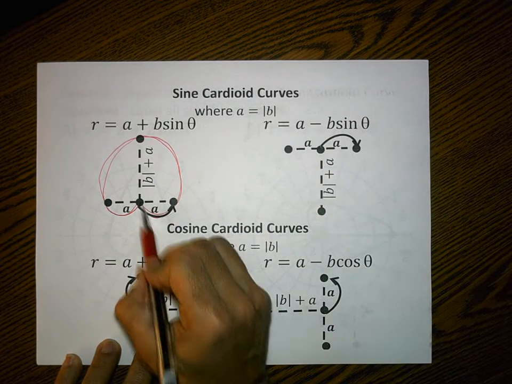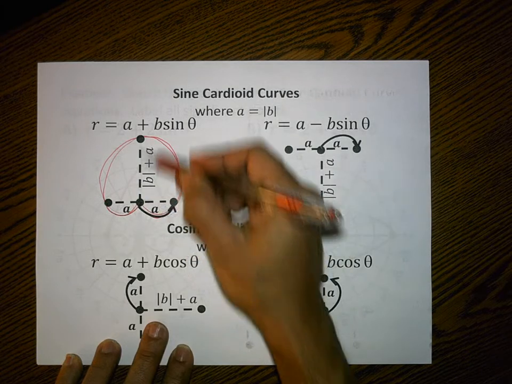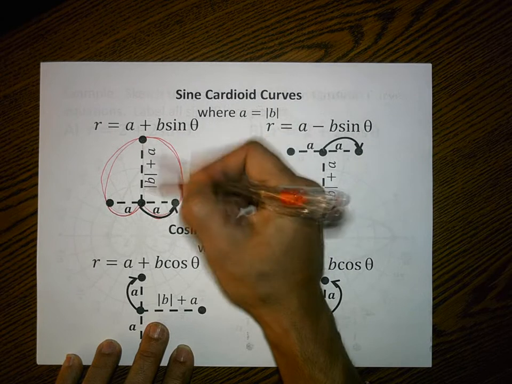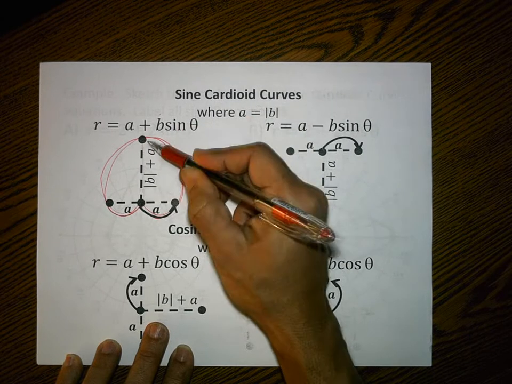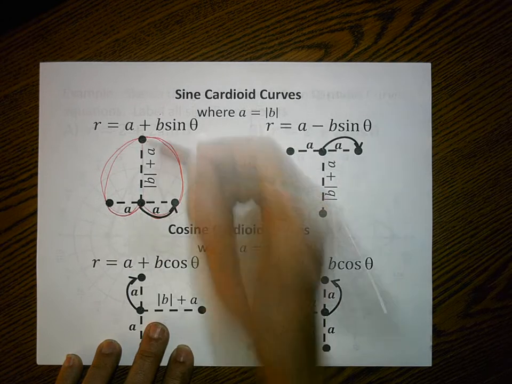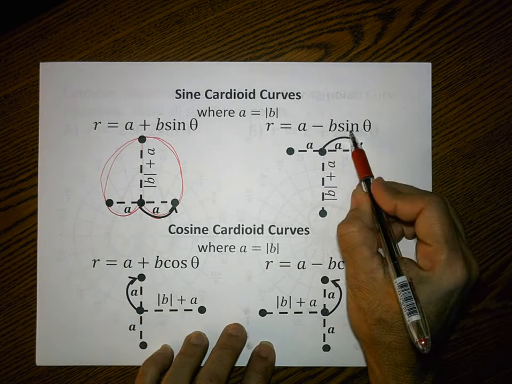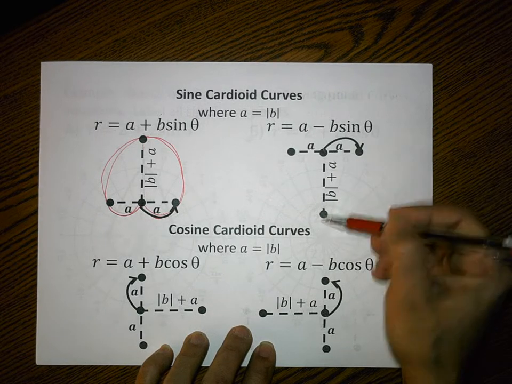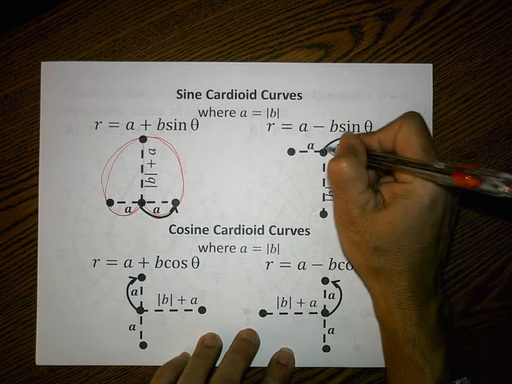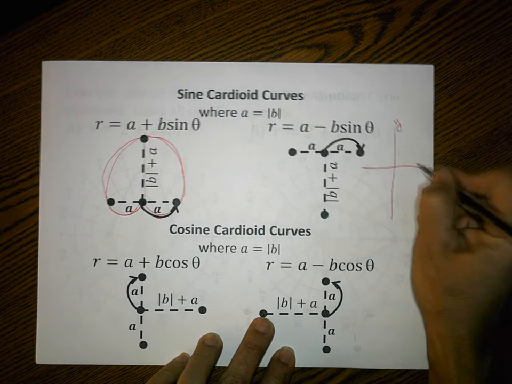This value of A to the right and to the left, and the distance on the sine pole will be the absolute value of B plus A. So you're adding these two values to make the longer length. We call this the shorter length and the longer length. If I'm dealing with the negative sine, I'm going to go to the negative direction of the sine pole. So imagine that this is the y-axis, x-axis.